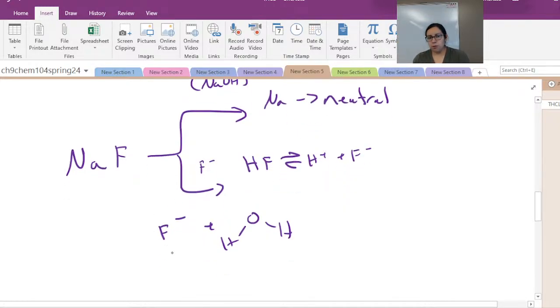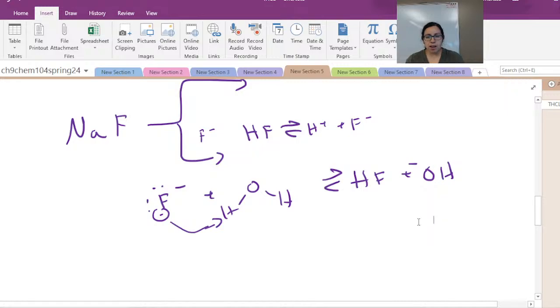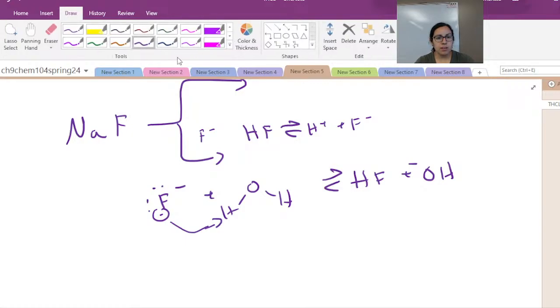But what about our fluoride's interaction with water? Because it's weak, it's going to reform HF. So our fluoride plucks off a hydrogen here, and we make HF. But this is a key point: we also make hydroxide. So by our definition, our fluoride is a base because it produces hydroxide.